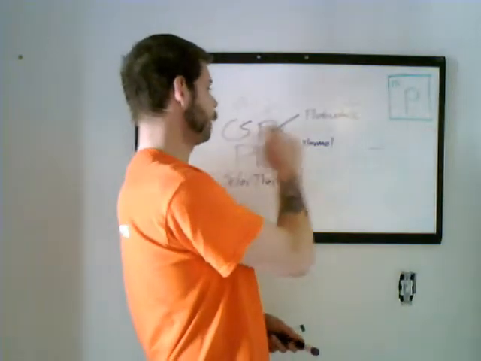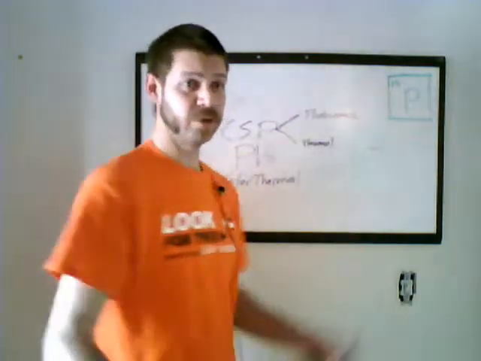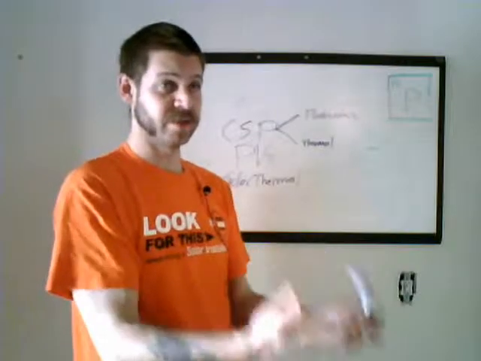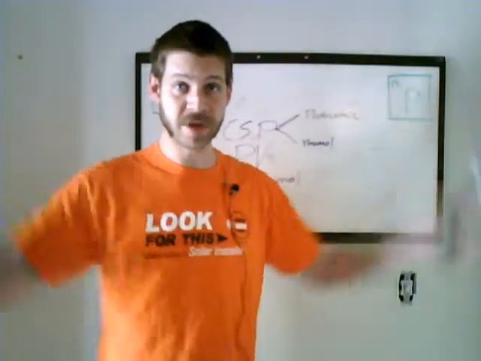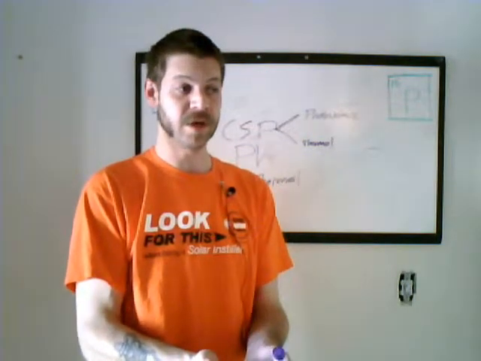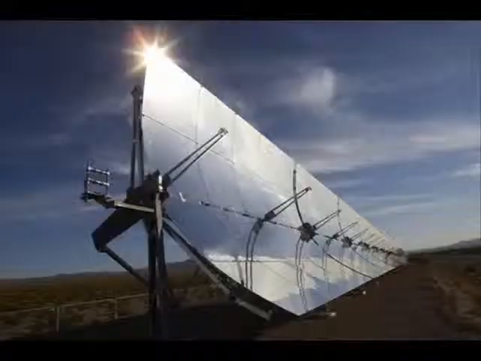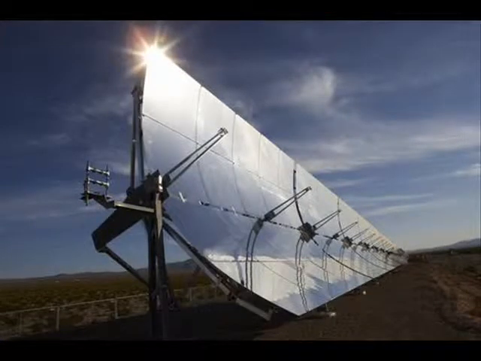In the concentrated solar panel that's photovoltaic, you'll use a lens. You'll concentrate it down on a very high efficiency solar cell, and you'll use that. That's a concentrated solar panel. In a thermal, you'll use basically a big mirror or a heliotrope. Use a big power tower and mirrors to concentrate the sun's rays onto that.